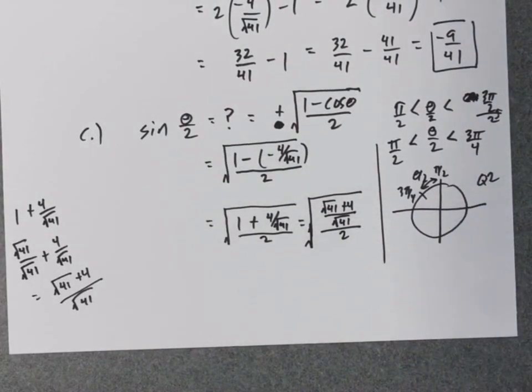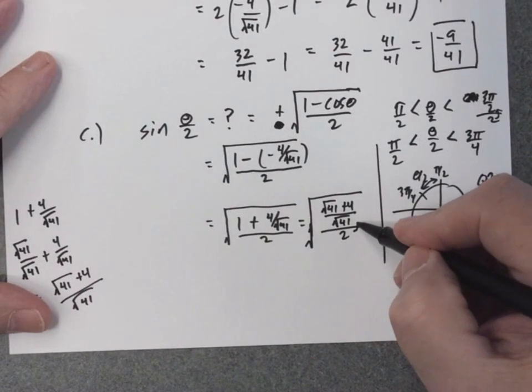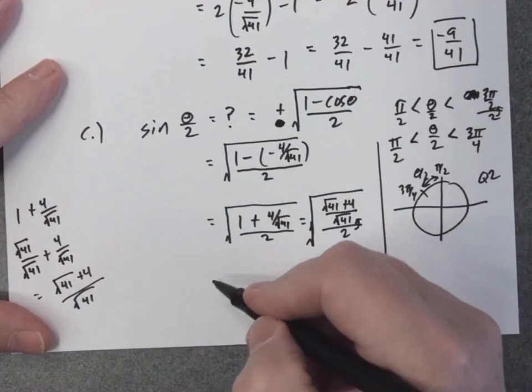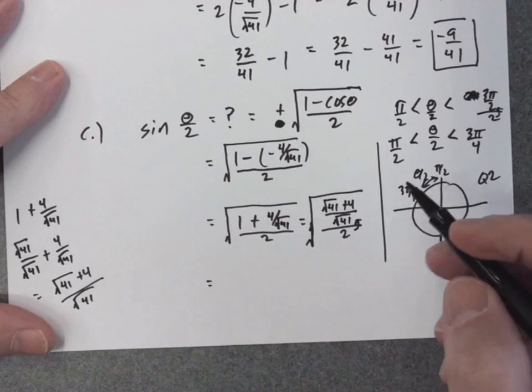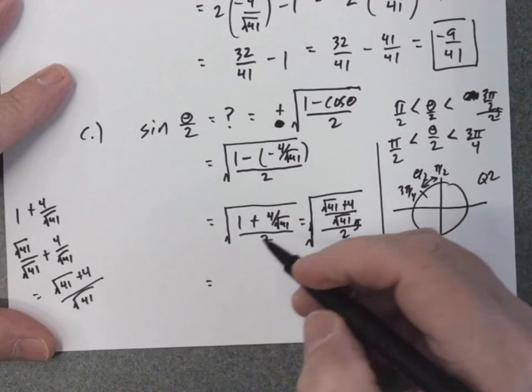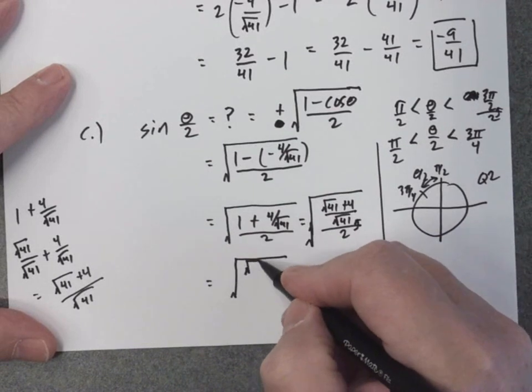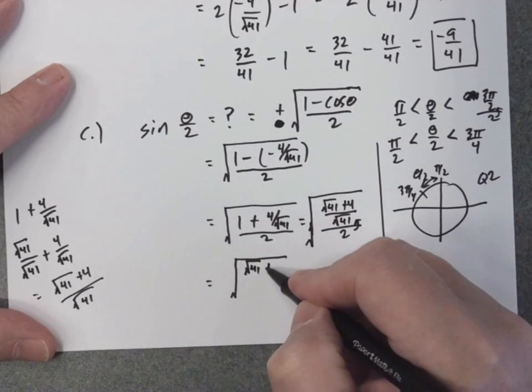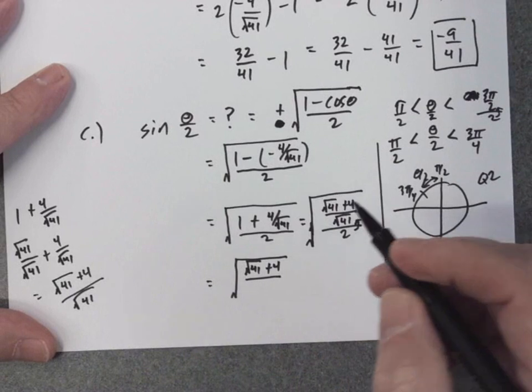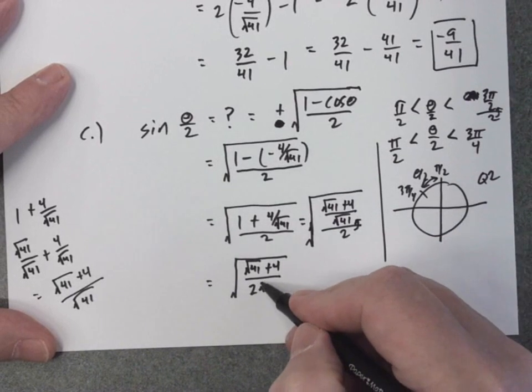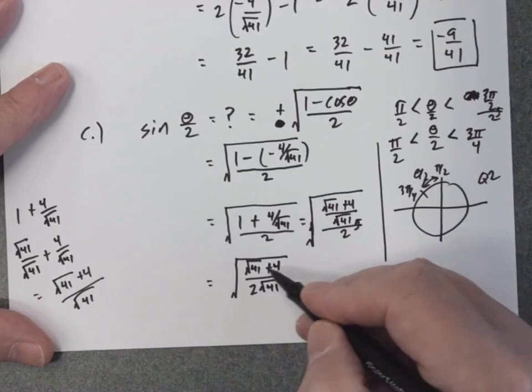And this whole thing is still under the square root. Now, if I move this up here, I will have square root of 41 plus 4 over 2 times the square root of 41.